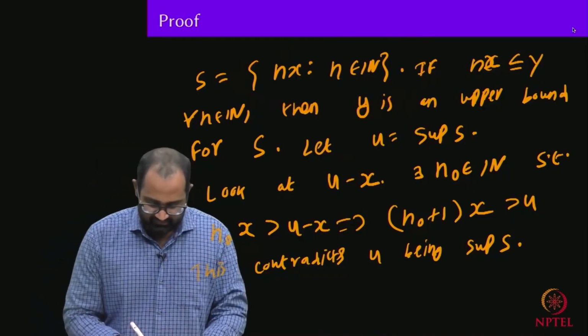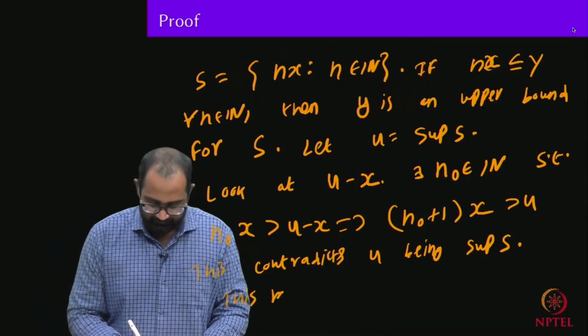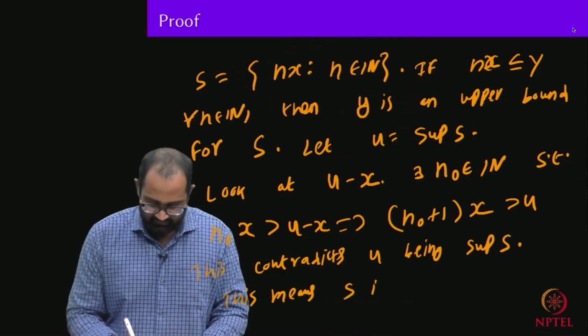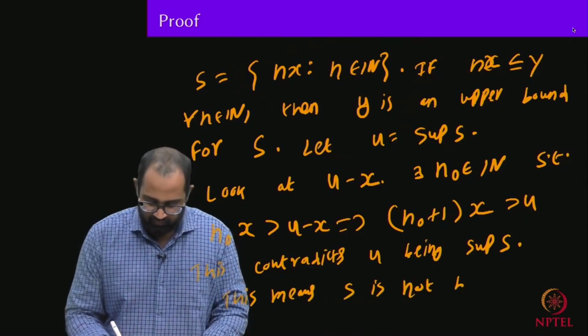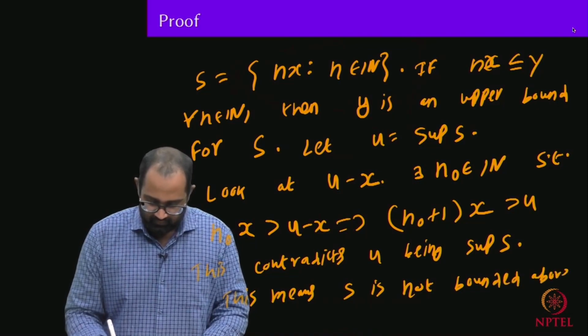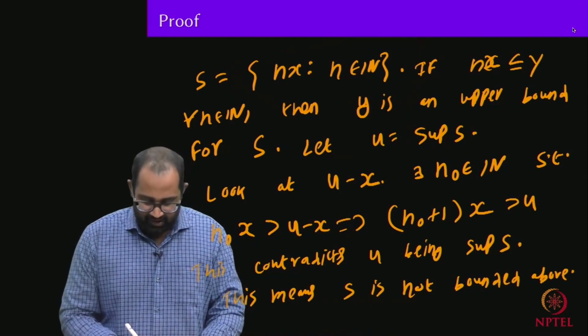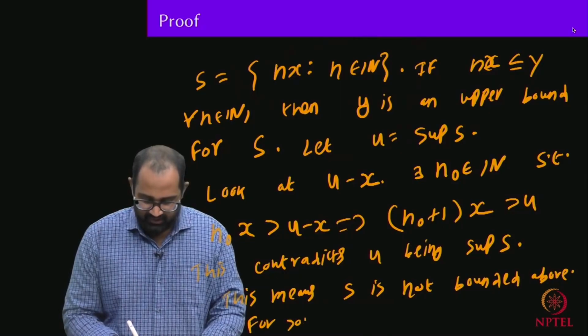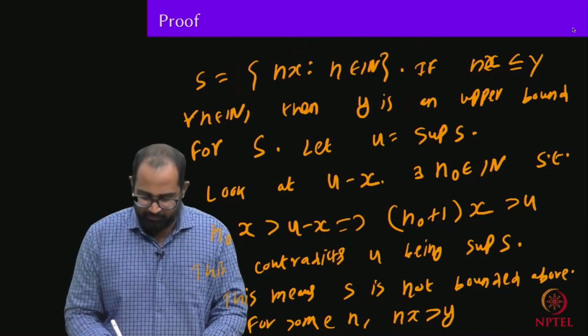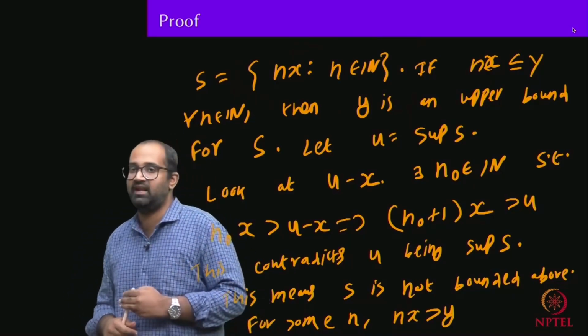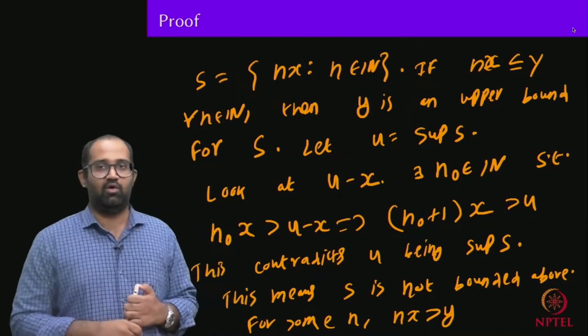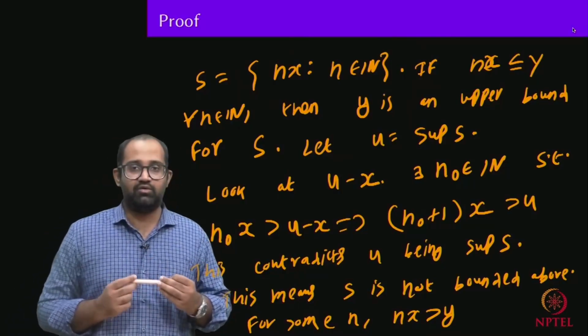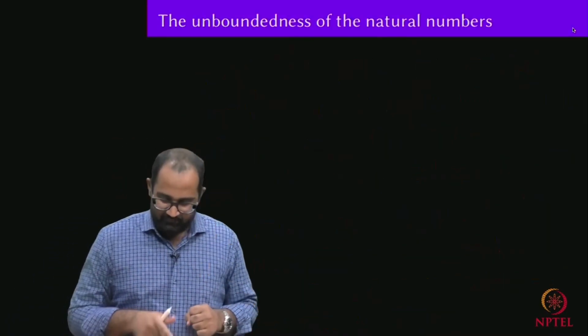So this means S is not bounded above. So that means for some n, nx should beat y, it should dominate y eventually. Okay. So this concludes the proof of the Archimedean property.